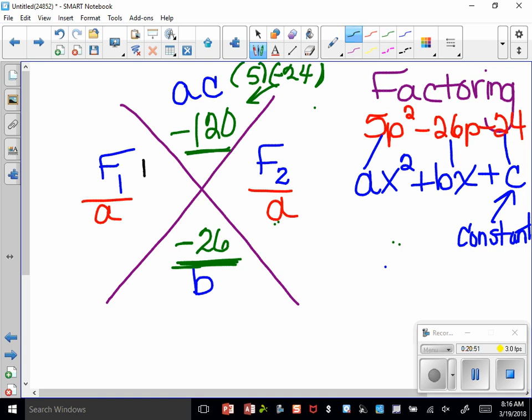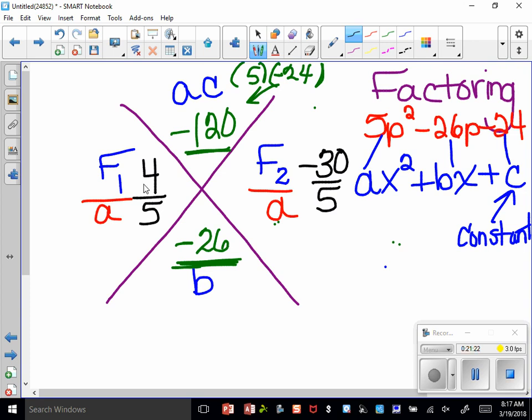So this is going to be 4, and this is going to be negative 30. Those were my factors off the calculator. And yes, it multiplies to get negative 120, and it adds together to get my negative 26. I'm not done because I have to divide it by what? The A term. What is the A term? Look over here. 5. So I'm going to divide it by 5.